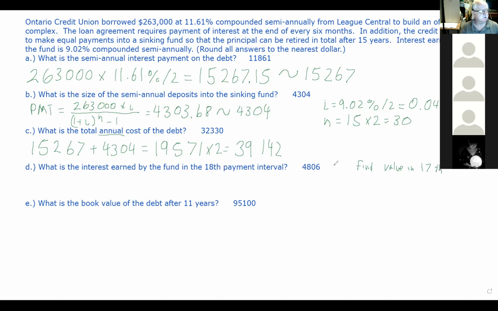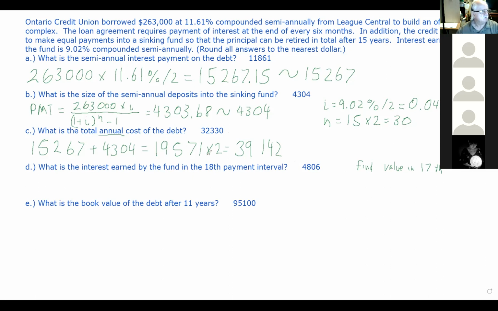So what we're going to have to do is that calculation we used before, the payment, and up here, semi-annual deposits into the sinking fund.